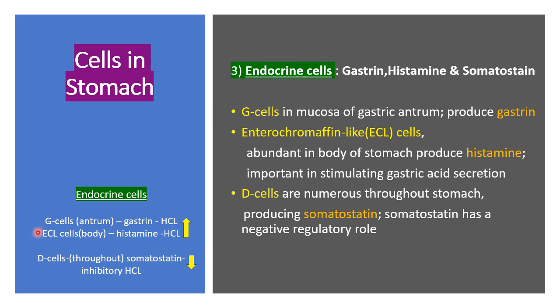ECL cells in the body of the stomach also increase histamine, which also increases the release of hydrochloric acid. D cells, which are found throughout the stomach, produce somatostatin, which inhibits the production of hydrochloric acid.